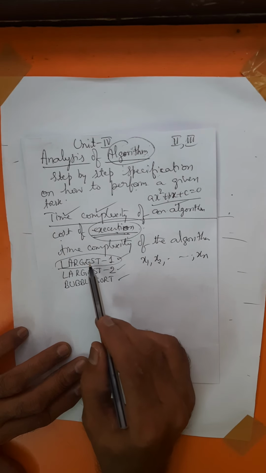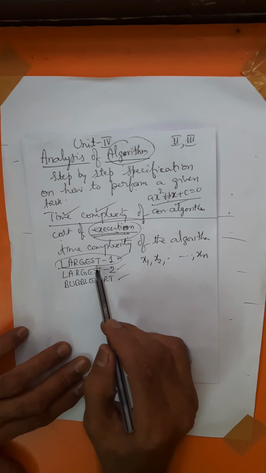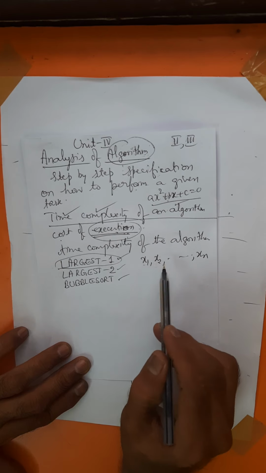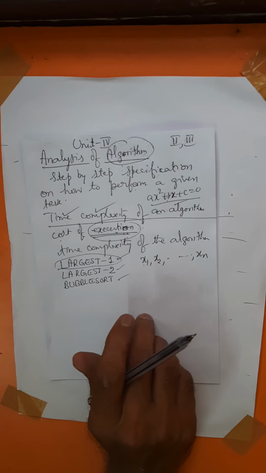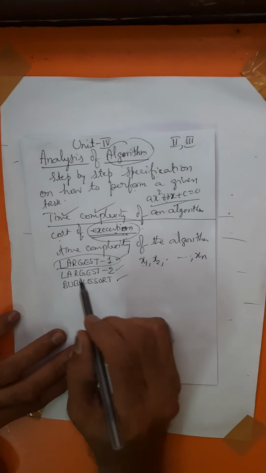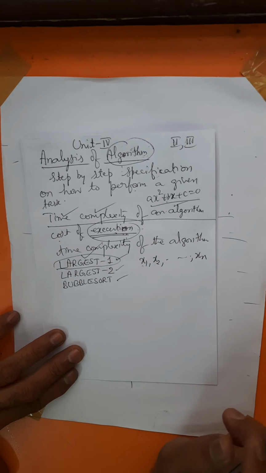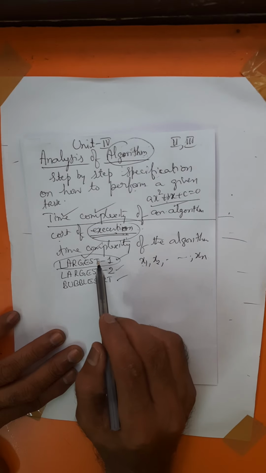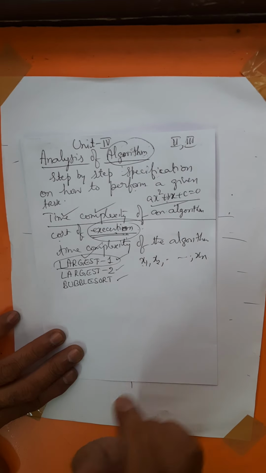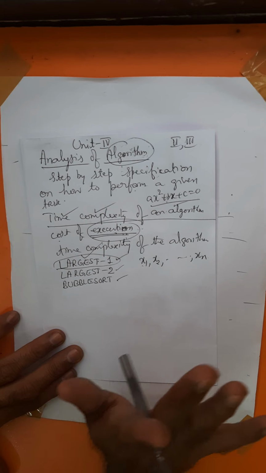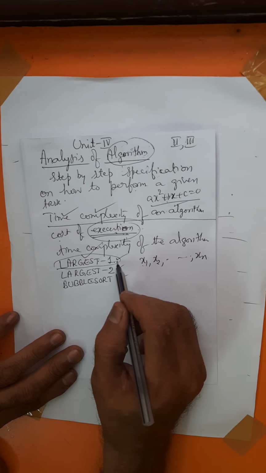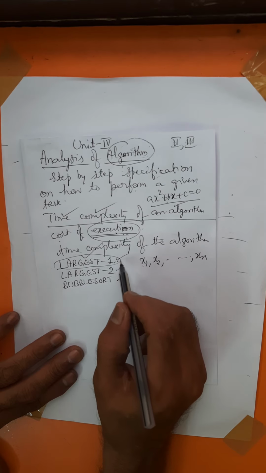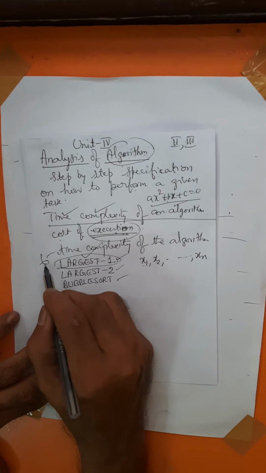First you have to state the algorithm and then give a formal proof for that. State the algorithm largest one and justify the algorithm with the formal proof. This is a 6-mark question.